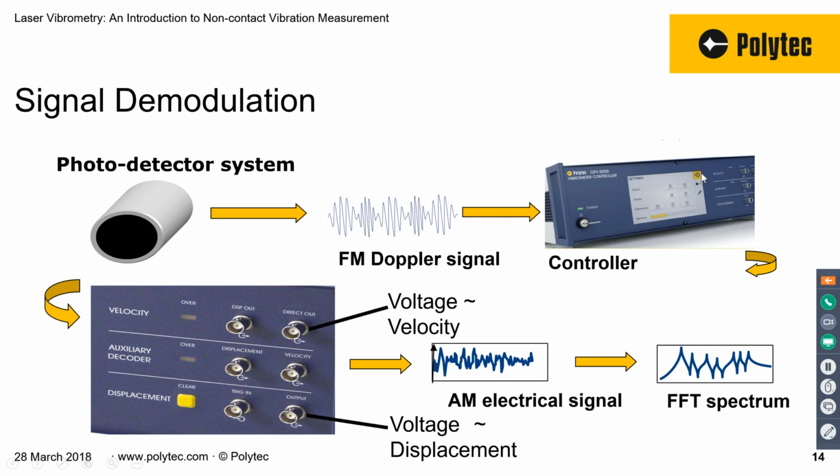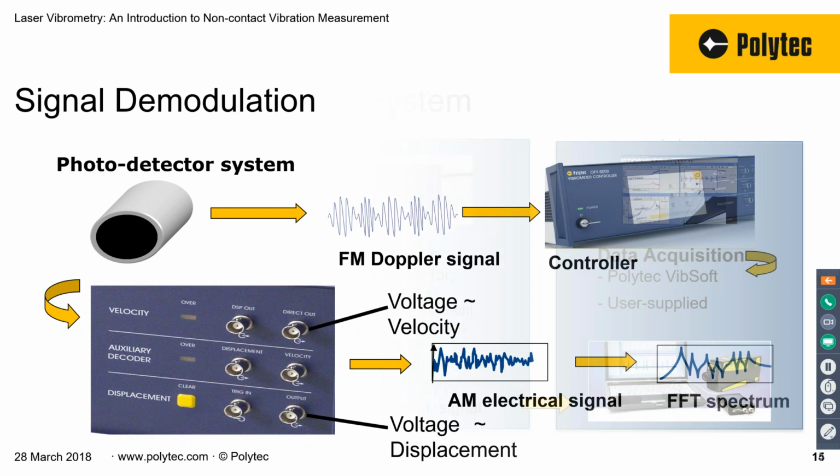We have various filter settings, range settings, and bandwidth settings that we can select in the controller. And we can output velocity, displacement, and in some of our systems also an acceleration signal. Then we can take that signal just as we would an accelerometer signal and perform an FFT on it to extract the resonant frequencies of a structure, for example.